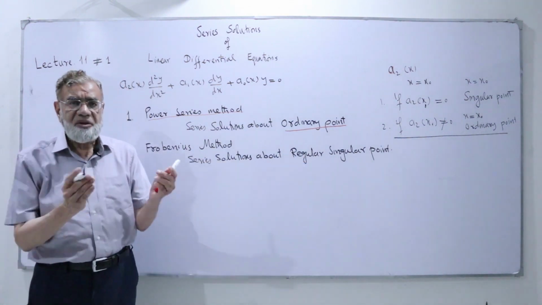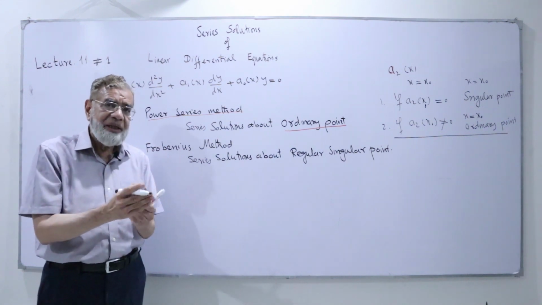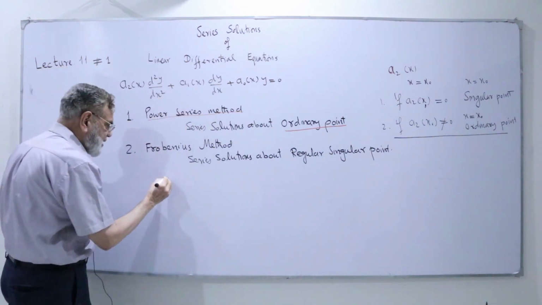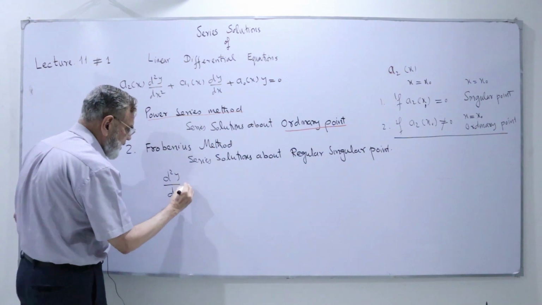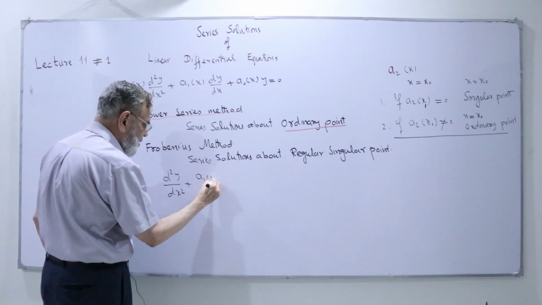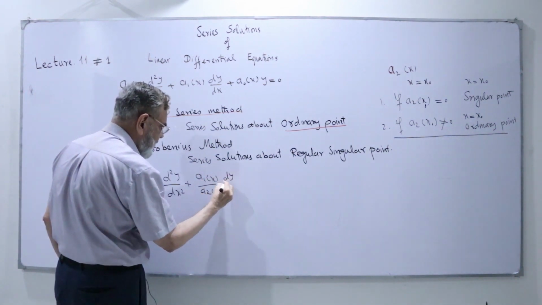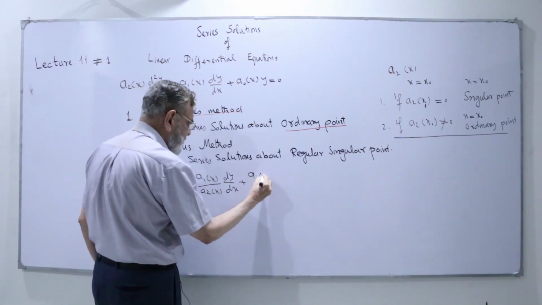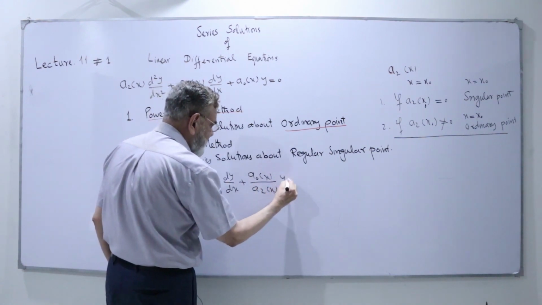It means we are going to distinguish between singular points: one a regular singular point and the other an irregular singular point. I normalize my equation. I get d2y/dx squared plus, dividing by a2 of x to normalize, a1 of x over a2 of x dy/dx, plus a0 of x over a2 of x y, equal to 0.